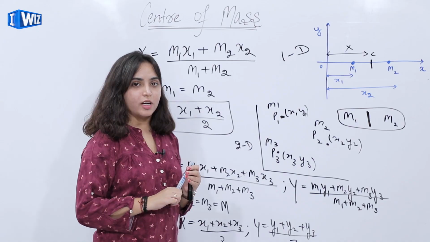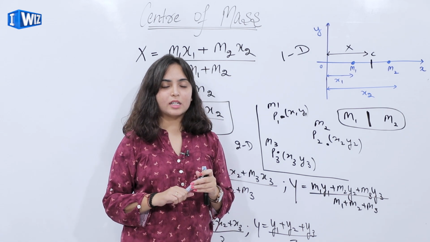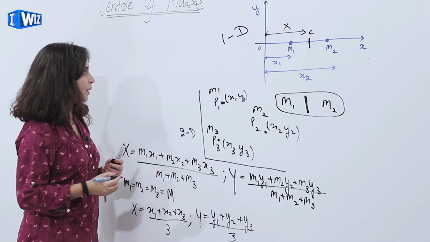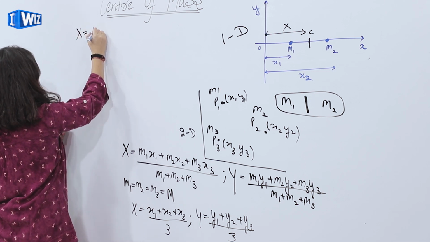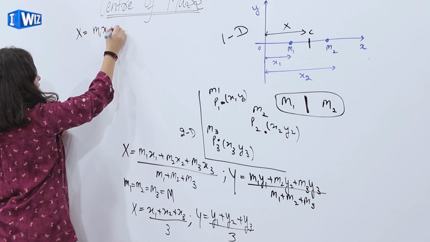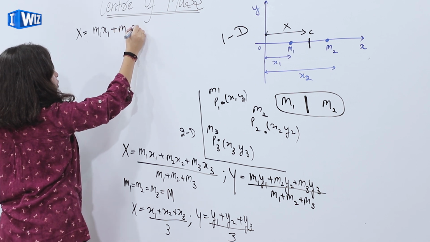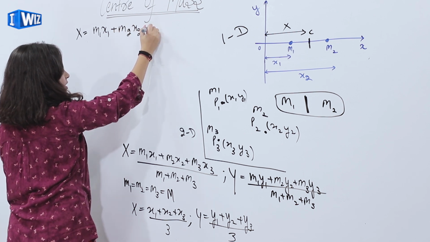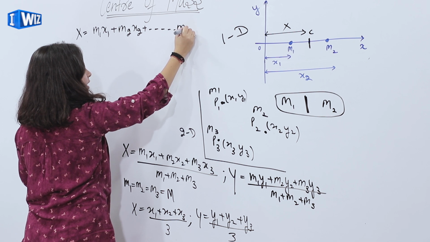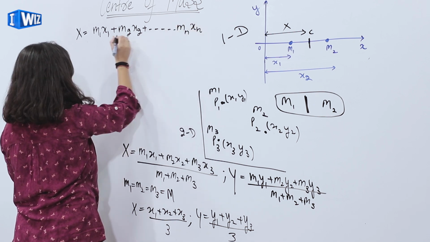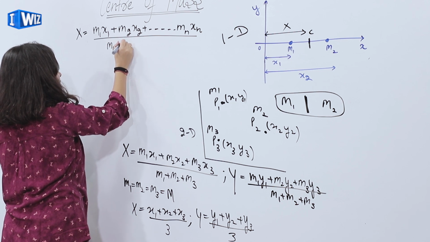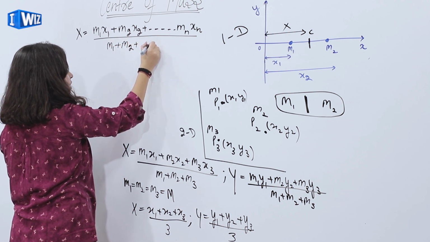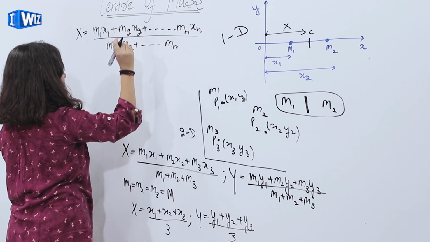So let us generalize the center of mass. If we have a system of n particles, then we can write x equals m1 x1 plus m2 x2 plus so on up to mn xn upon m1 plus m2 plus up to mn.